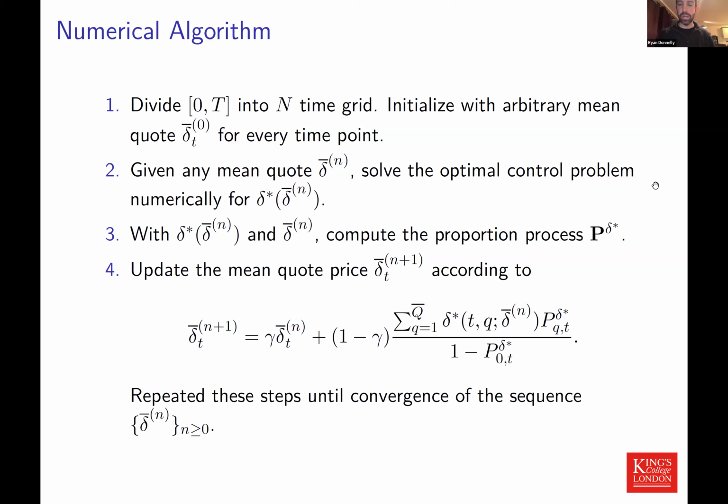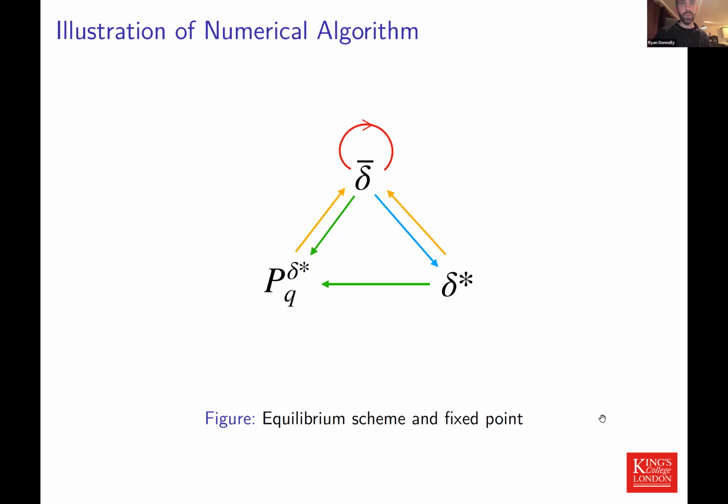It's not a proof of existence or uniqueness of an equilibrium, but it's pretty convincing evidence, I think, that we can start looking at what these strategies look like and talk about it as the equilibrium. Okay, this is just a graphical illustration of how this algorithm works. It shows the sequence of steps and what depends on what. And we're basically just looking for a fixed point in this delta bar process.